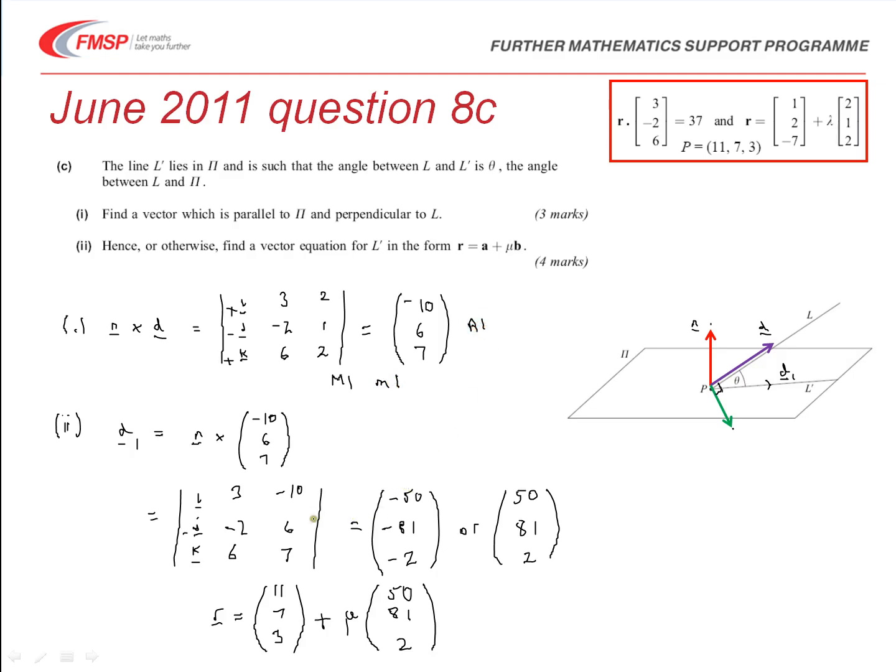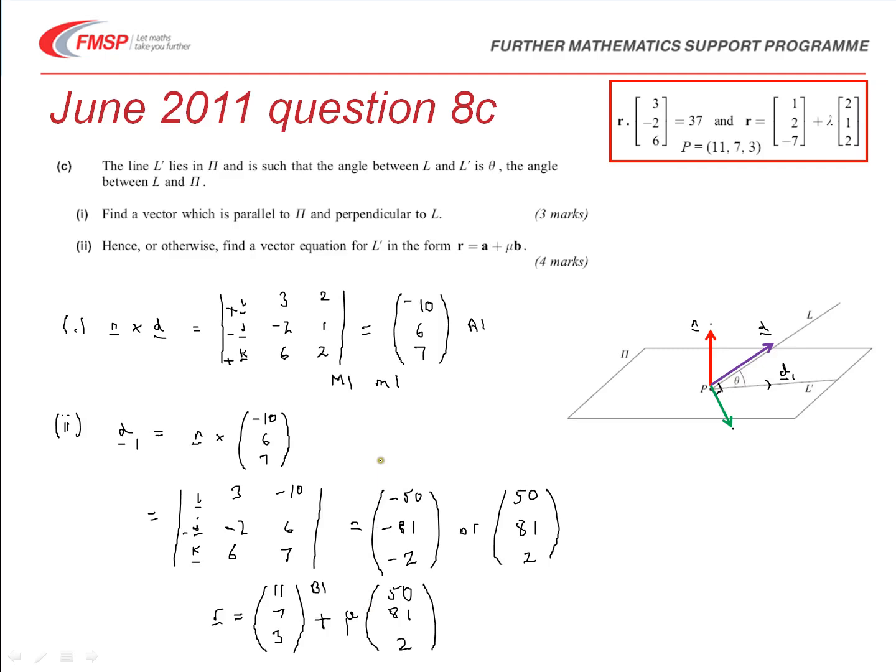Part 2, you'll get 1 mark for bringing forward the fact that this vector here, A, is the same as the point P that you found in the first part of the question.